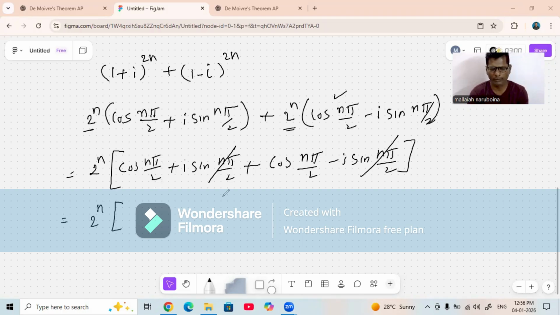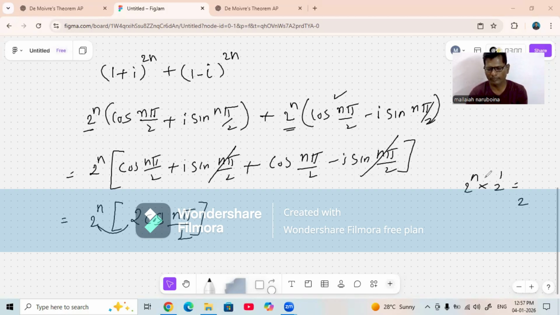Here cos n pi by 2, here cos n pi by 2. So how many cos n pi by 2s are there? 2. So we write 2 cos n pi by 2. Don't cancel this 2 and this 2, right? This is an angle, not a multiple. So multiply this 2 into 2 power n, that is 2 power n into 2. Put 1 here.